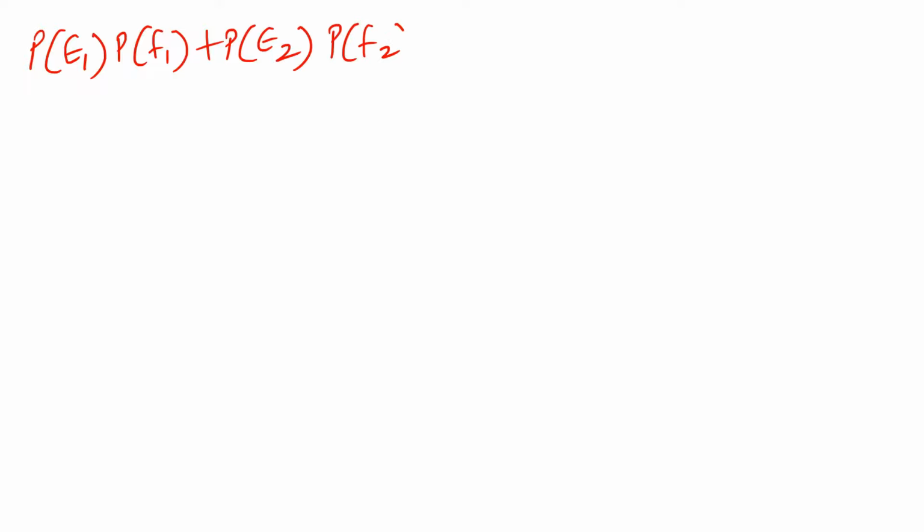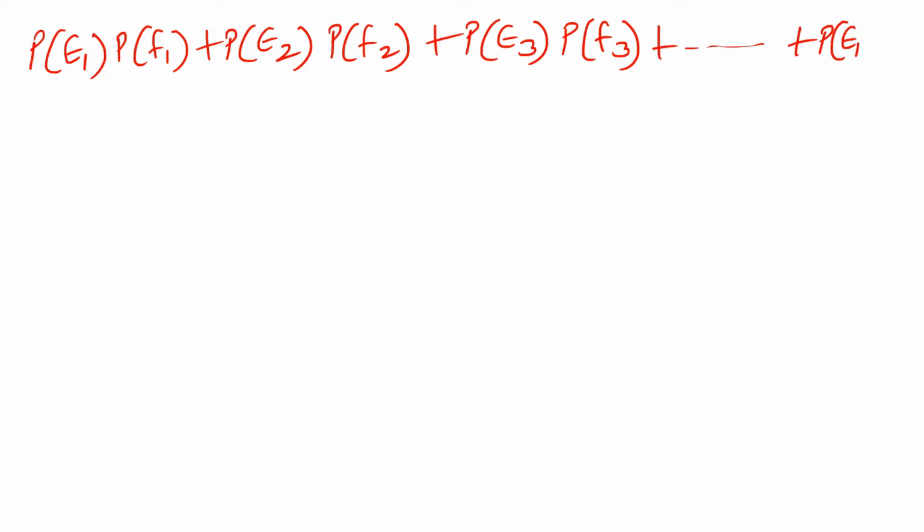Now this expression can further be written as P(E1) into P(F1) plus P(E2) into P(F2) plus P(E3) into P(F3). I am just using the multiplication theorem of independent events, and we have to go till P(E10) into P(F10).